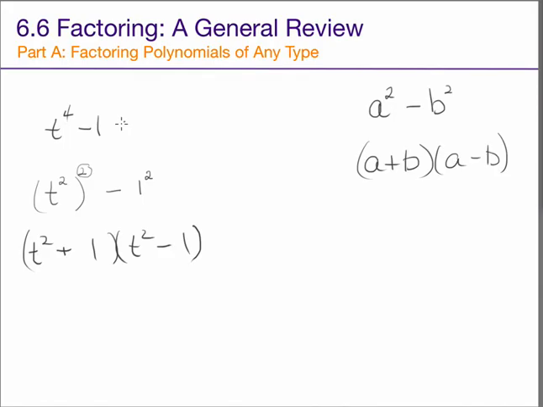So this is factored, but it's not finished, because actually t squared minus 1 is another difference of squares. So I can write t squared plus 1 times t squared minus 1 as t squared plus 1 times t plus 1 times t minus 1. T squared plus 1 does not further factor.